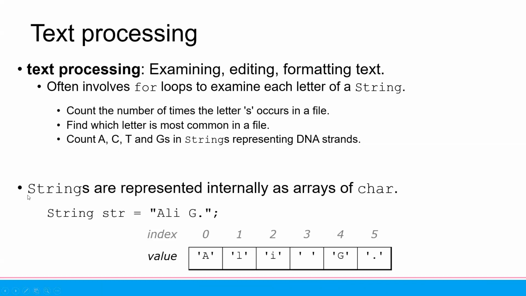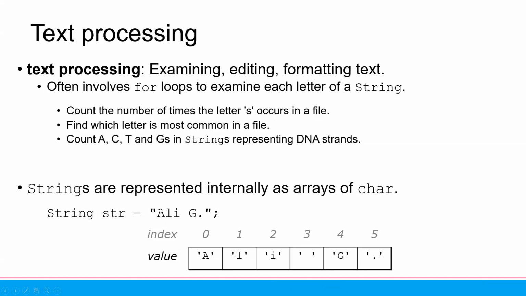As you might know, a string is a sequence of characters. So strings are represented internally as arrays of characters. Let's say I have a string, str is the variable name, Ali G dot.